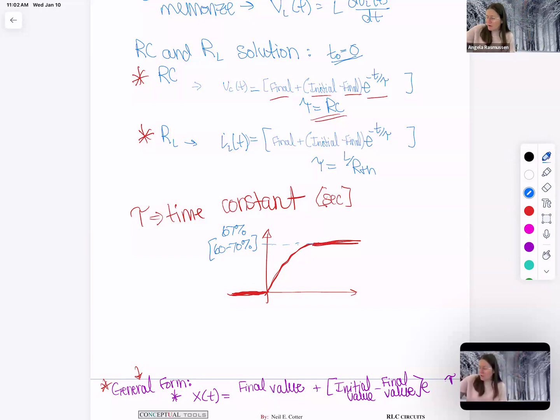So if this is that value, that would be your tau value. So whether I'm charging it or discharging it, it's about 67% to be more accurate of when I'm either fully discharged or fully charged. So if I went up to 10 volts here, what would be my time constant here? 6.7 would be this. So that would take 6.7 seconds.